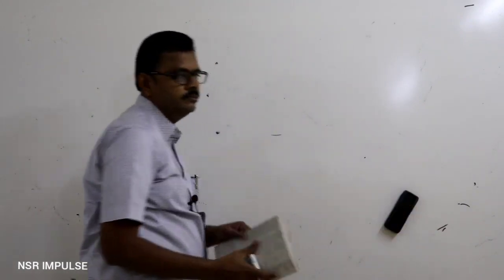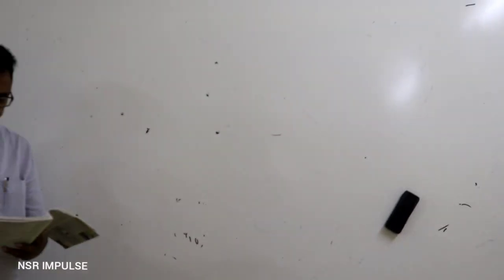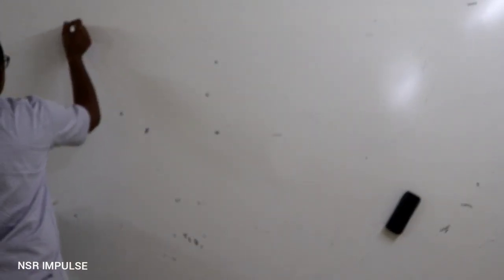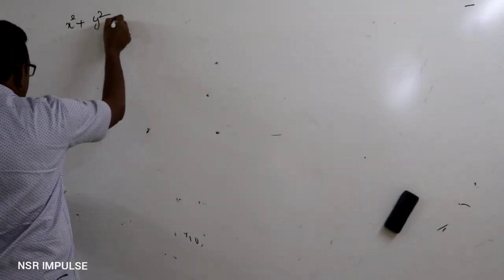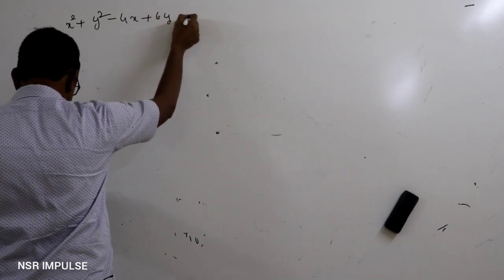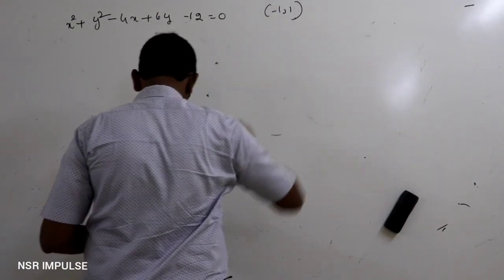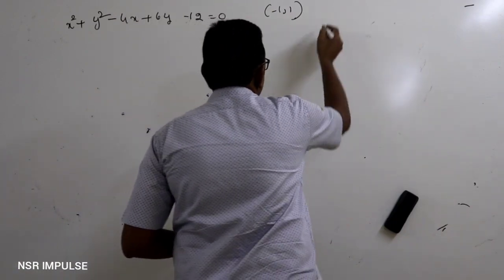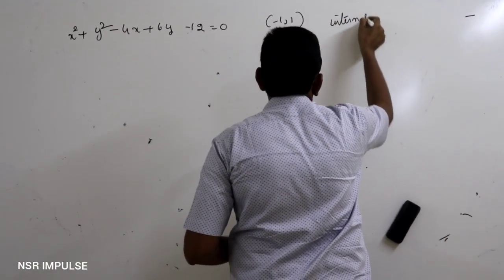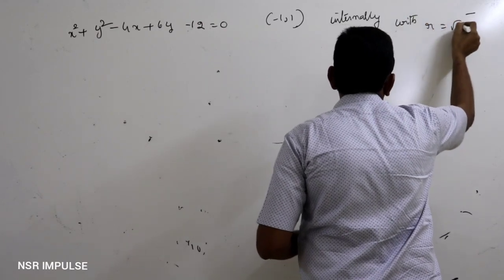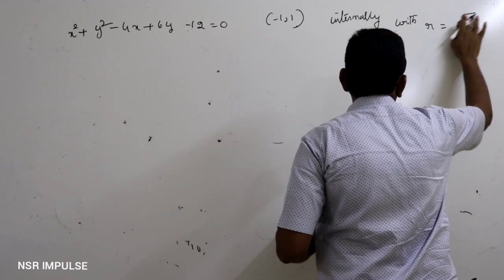Next problem. Find the equation of circle which touches the circle x square plus y square minus 4x plus 6y minus 12 is equal to 0 internally at minus 1 comma 1 with radius 2.